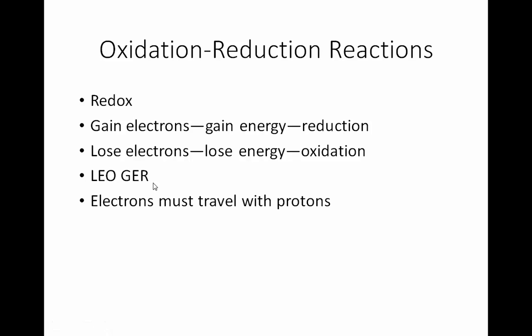Electrons by themselves are little bits of energy, and little bits of energy bouncing around can do damage. So it's safer if we always have an electron travel with a partner. And the most logical partner would be a proton, because that's a positively charged thing. An electron and a proton is a hydrogen atom. So we can tell whether things have been oxidized or reduced by looking at where the hydrogen is.